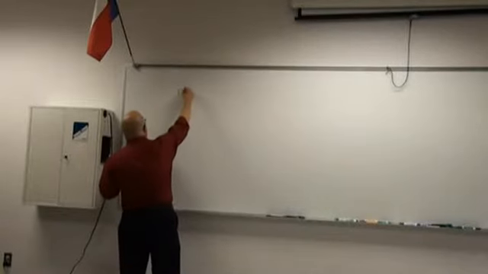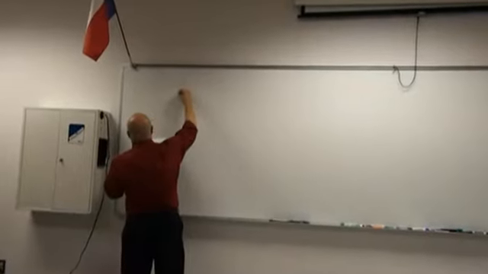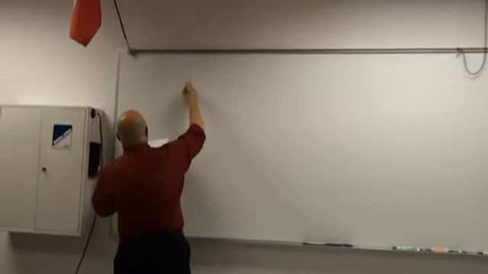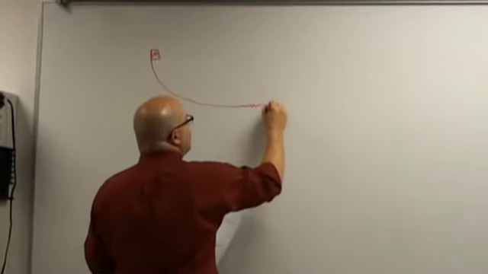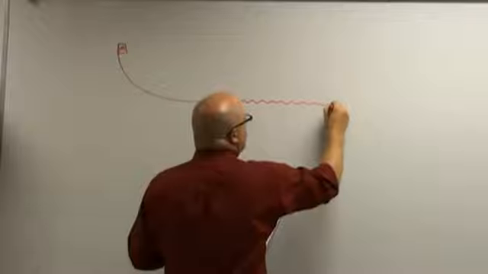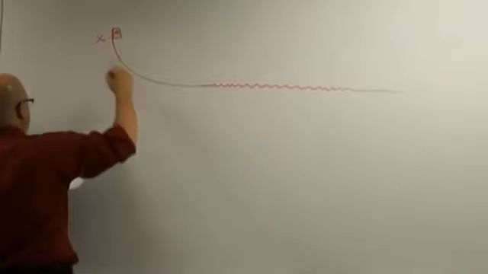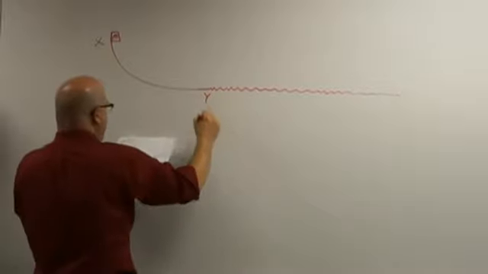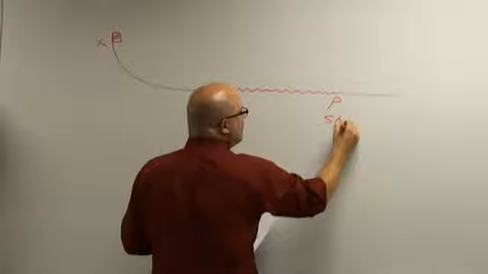Okay. So it looks like this. You've got a block that has a mass M. It starts up here at point X. Here's point Y. Here's point P where it stops.